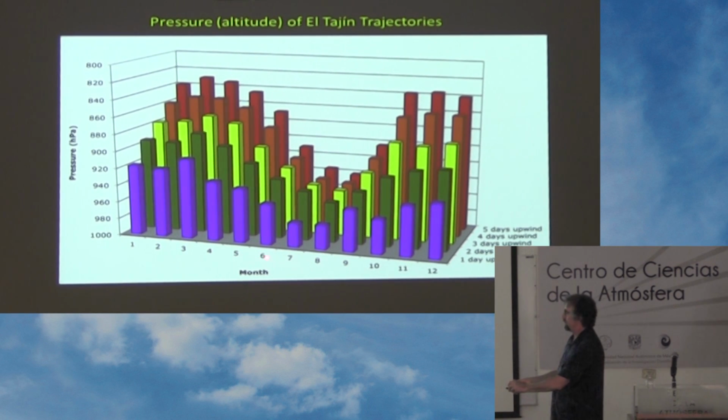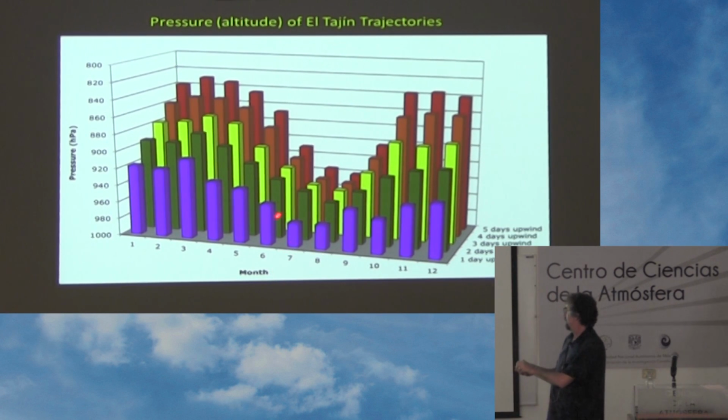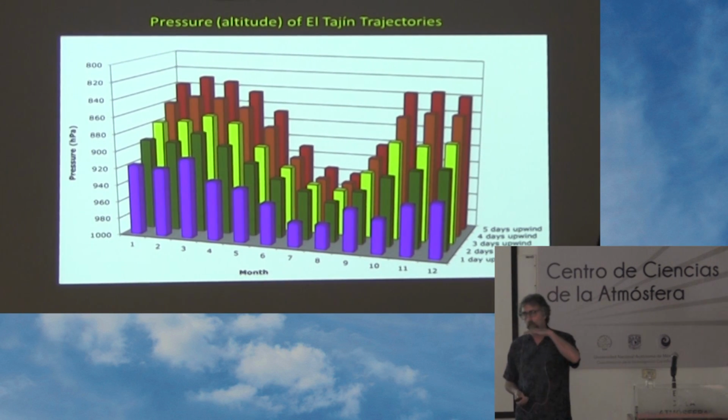So remember, in June, July, and August, the winds were exclusively from the east. The altitude of the air as the trajectories are bringing the air to Veracruz is between about 980 and 900 hectopascals. So that's between about 200 meters and 1 kilometer.